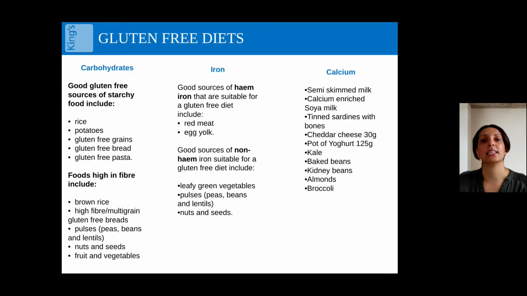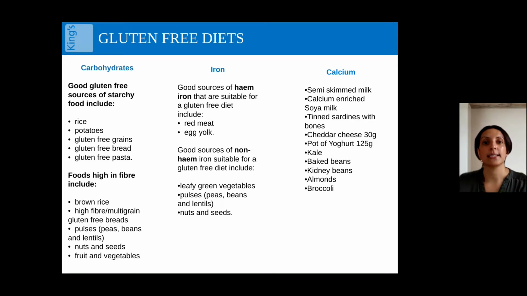Now, this slide is for any of you who might be following a gluten-free diet, if you have celiac disease, for example, or perhaps you've got gluten intolerance. Now, there are no specific recommendations that we can provide for those of you following a gluten-free diet. But what we do want to make sure, as with anyone who is pregnant, is that you're having enough of individual nutrients to sustain a balanced diet overall.